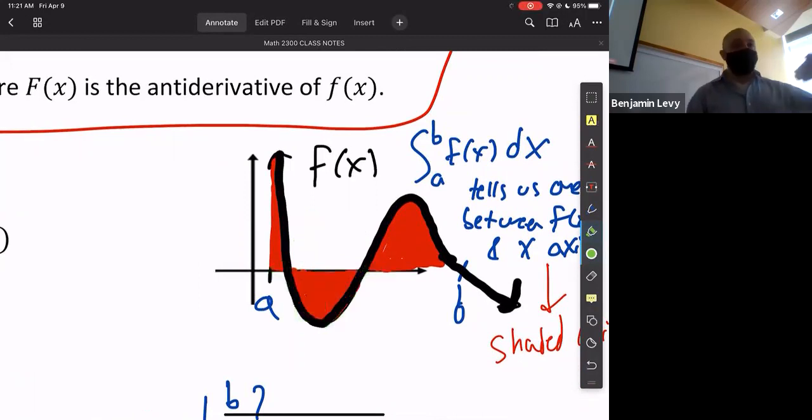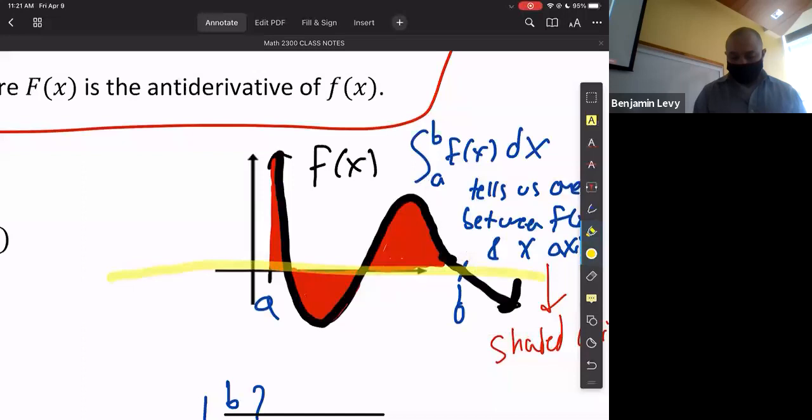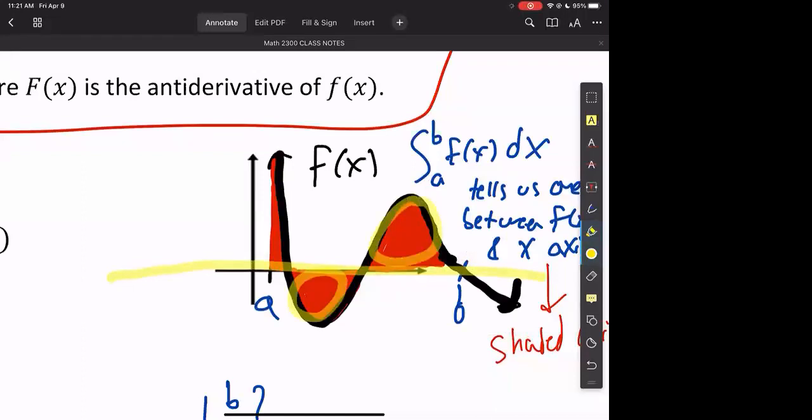If the graph goes below, it ends up being this part, and when it's above, it's that part. The x-axis is the part going right through the middle, so that's why it's either above or below. Okay, that makes a lot more sense.